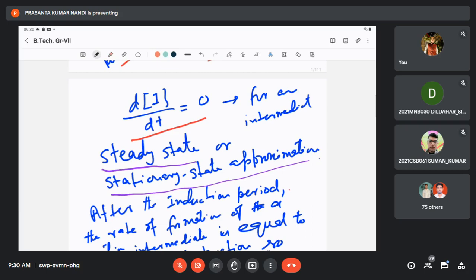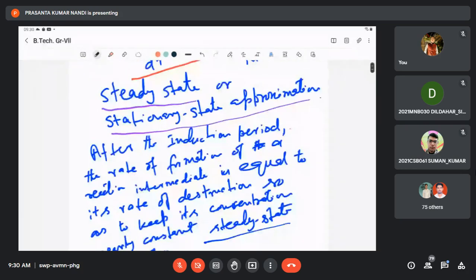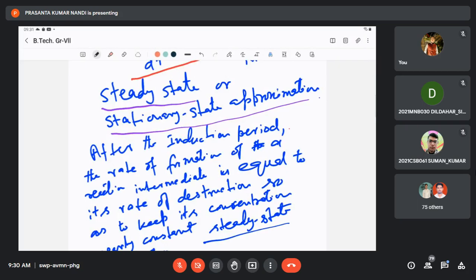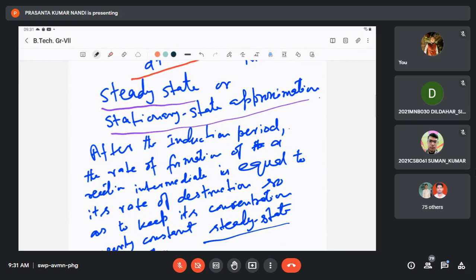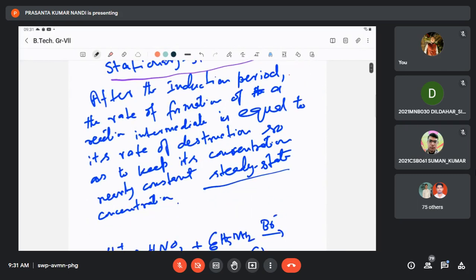What is that? After the induction period, the rate of formation of a reaction intermediate is equal to its rate of destruction, so as to keep its concentration nearly constant.